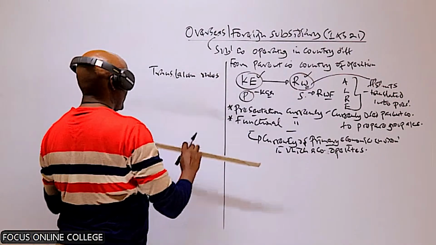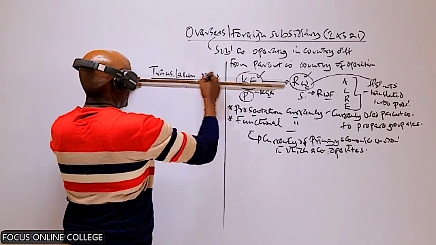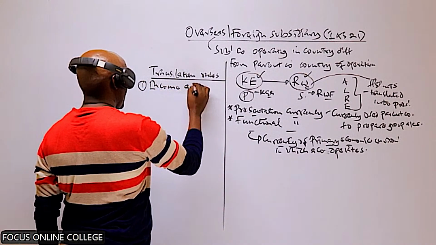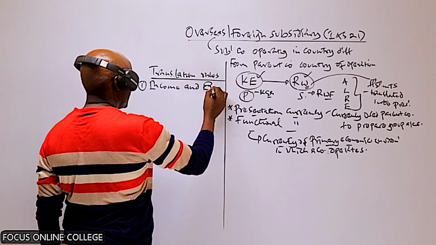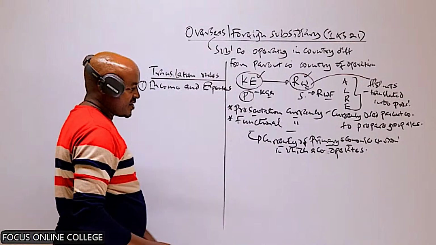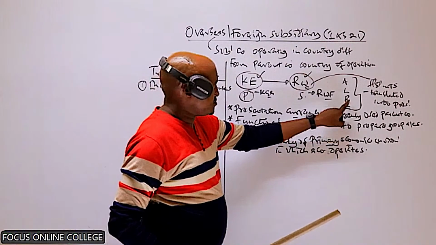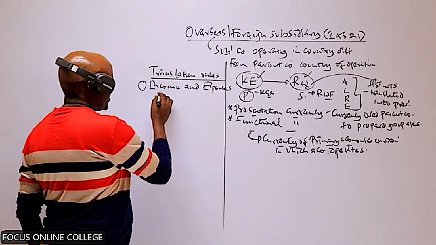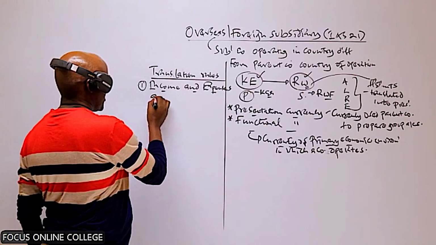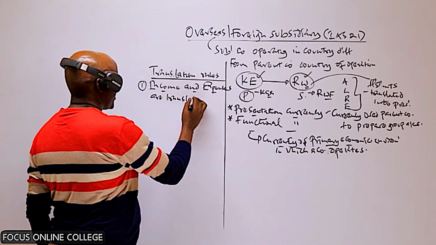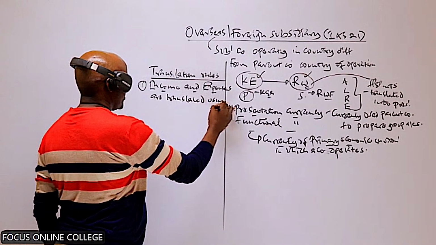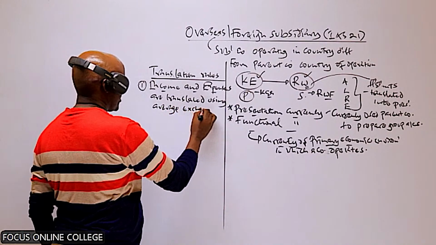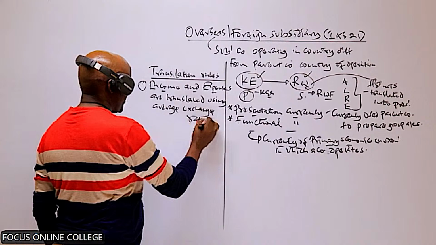This is what is very, very important, and you need to remember it. Number one, when translating the items of income and expenses of this foreign subsidiary, they are translated using the average exchange rate.